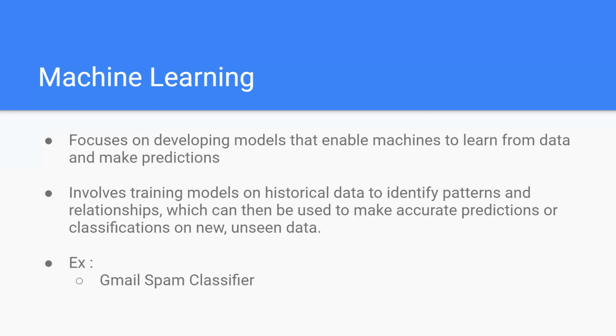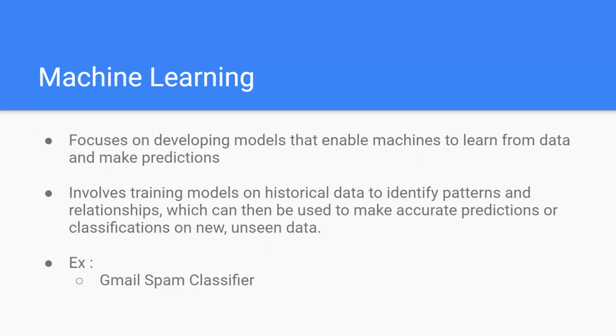For example, Gmail spam filter. Whenever you get a mail, that mail doesn't come to your inbox directly. If I send you a mail, the mail from my mailbox goes to the machine learning model that was deployed at Google. That machine learning model predicts whether the mail is a spam mail or not. If it is a spam mail, that mail will be put in your spam folder.